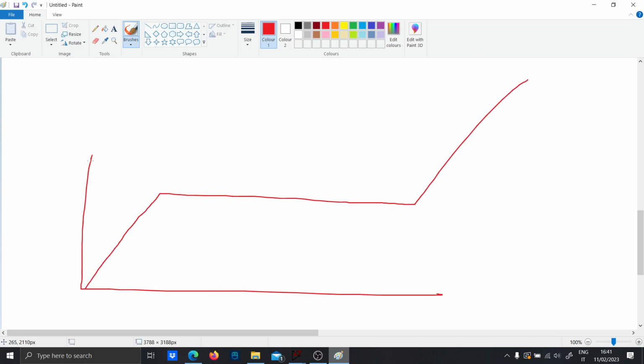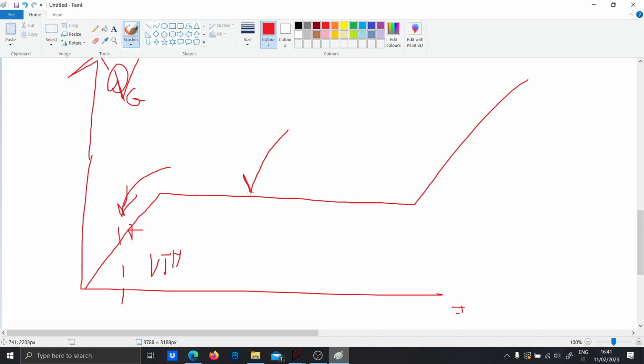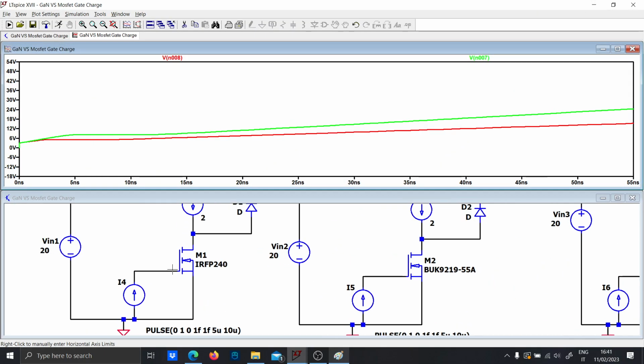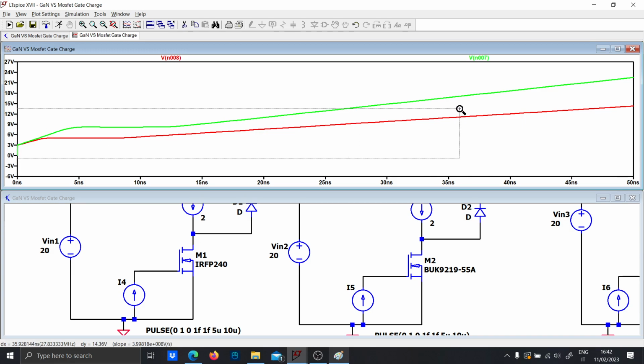You have seen maybe this QG, and this is the VG, and this is basically the threshold voltage, VTH, and this is the plateau voltage. Basically, when you reach this stage, you are seeing a capacitance which is basically infinite because of the Miller theorem, and the capacitance between the gate and the source is amplified, so it is normal to expect something like this.